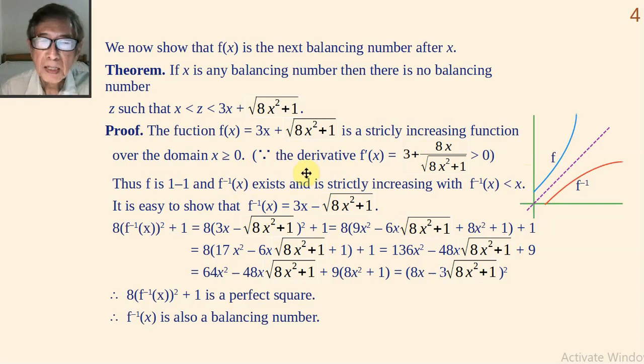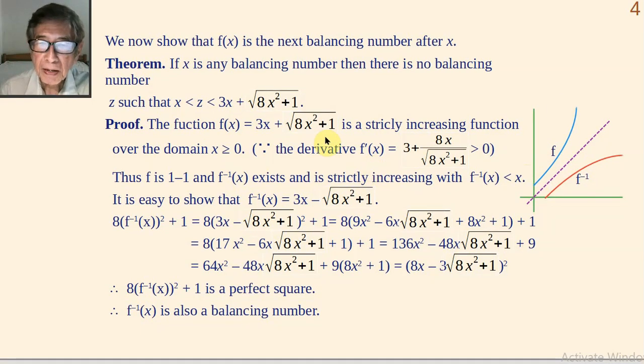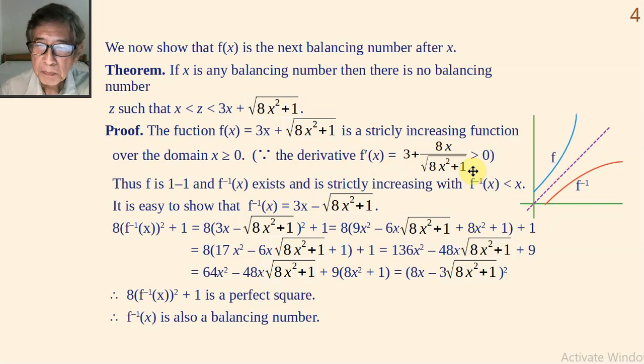That's because the derivative f prime x, which is this, is always greater than 0. So this is a positive slope. So that's why f is increasing. And therefore, f is 1 to 1.